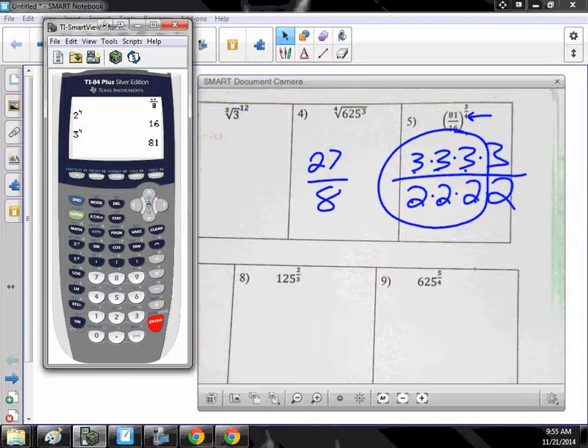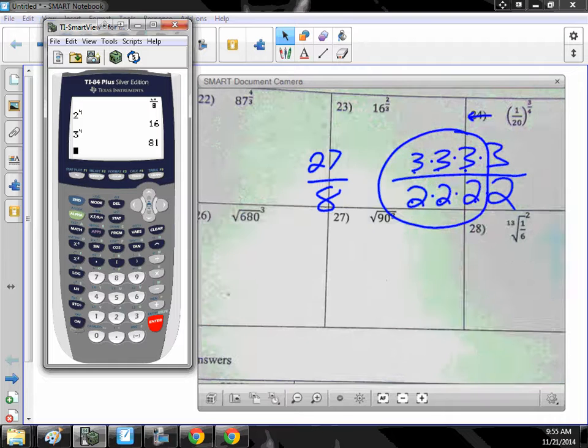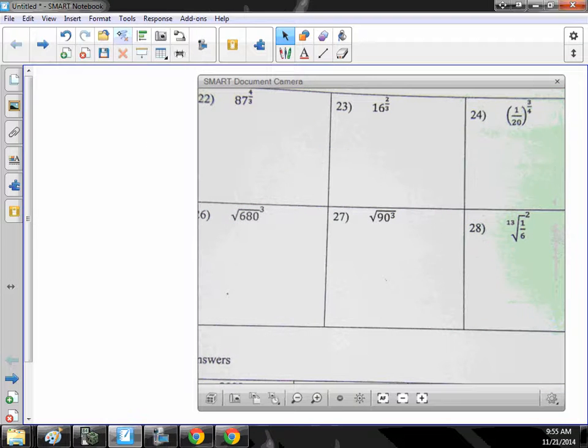Okay, on the back page, look at number 22. Can 87 be broken into 3 equal multiplications? Well, 2 to the 4th is 16. 3 to the 4th is 81. 5 to the 4th is 125.